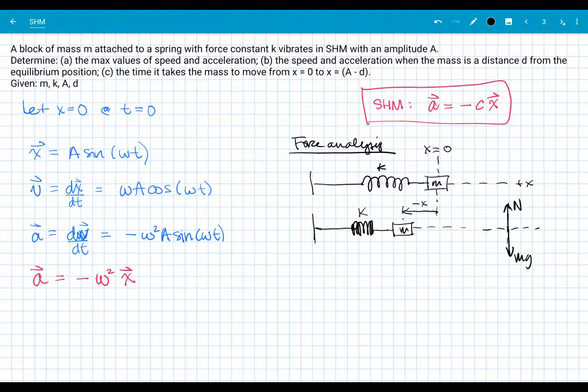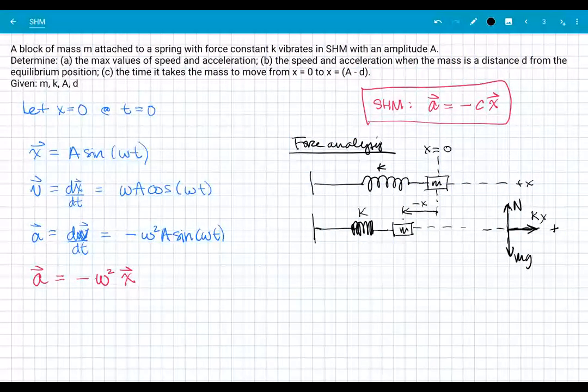However, if I have the mass compressed to the left here, the spring force will be exerted to the right, and the magnitude of that force is equal to kx.